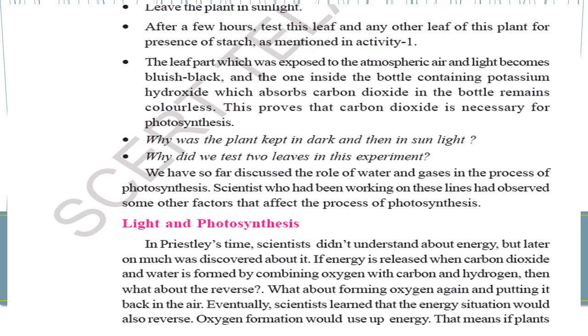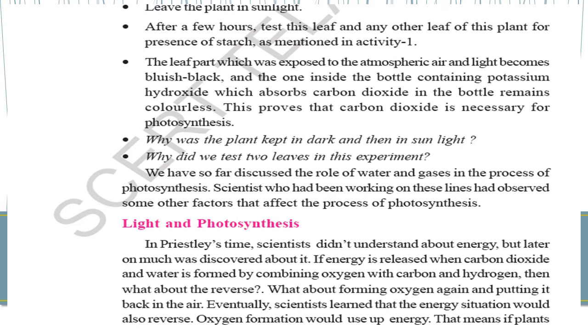We have so far discussed the role of water and gases in the process of photosynthesis. Scientists who had been working on these lines had observed some other factors which affect the process of photosynthesis. What are those? Light and photosynthesis. In Priestley's time, scientists didn't understand about energy, but later on much was observed about it.